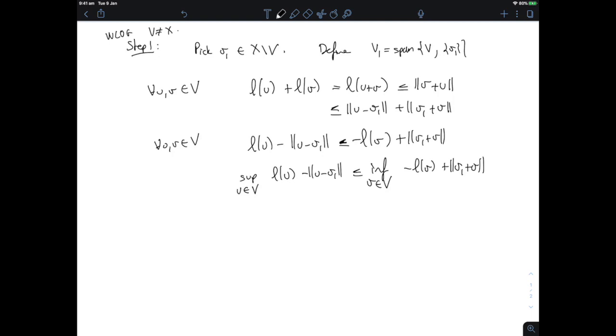They may be equal, or the inequality might be strict, in which case there is an entire interval of values between the two. So what I'm going to do now is pick a real number, let's call it r, in that interval. That interval might be reduced to just a point, in which case I only have one choice for r, and if it's not reduced to one point, then I have infinitely many choices, and you just make one.